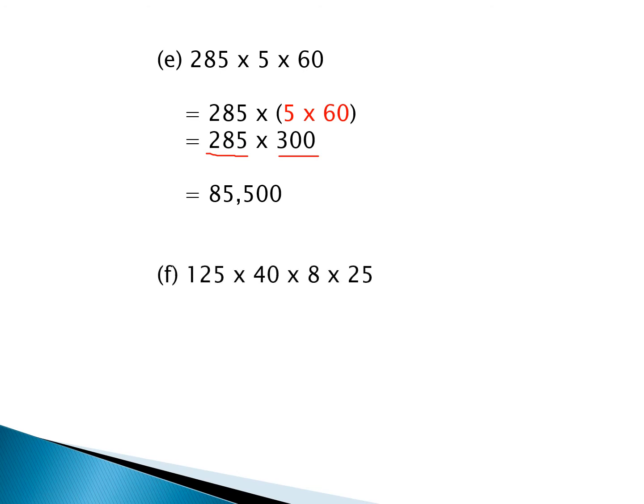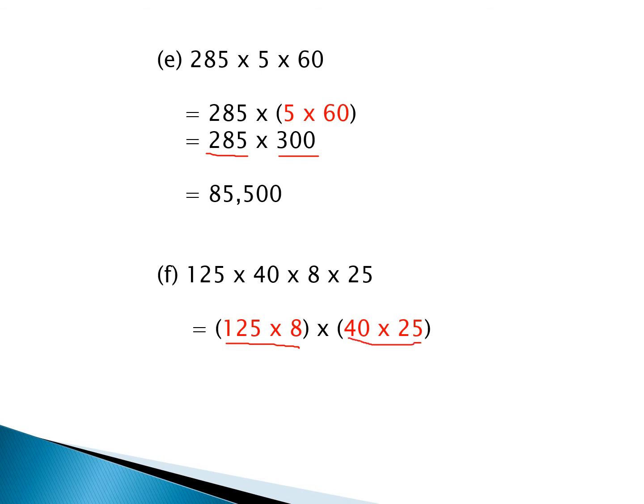Now come to F part. It is 125 multiply 40 multiply 8 multiply 25. Which two terms? There are four terms. So which two terms will we multiply together? We will multiply 125 by 8, and in the second bracket we will write 40 by 25.